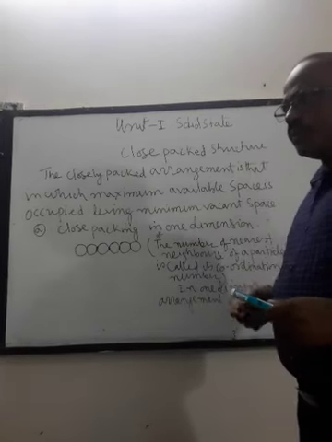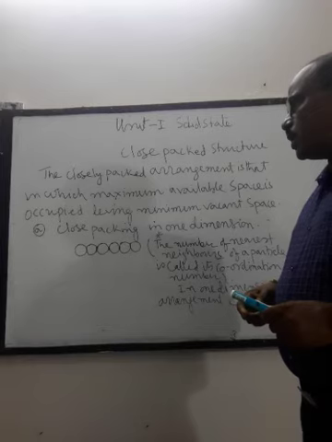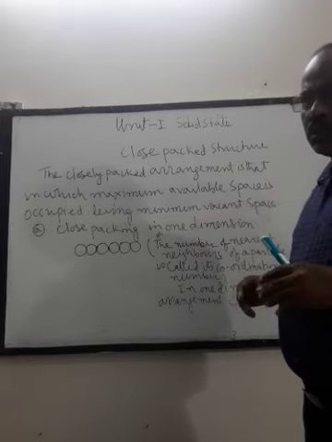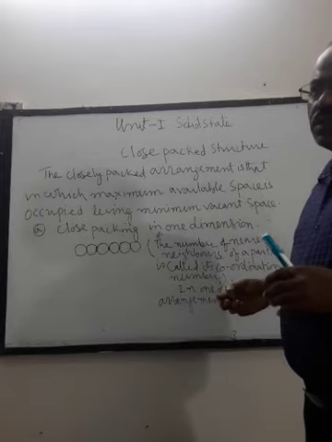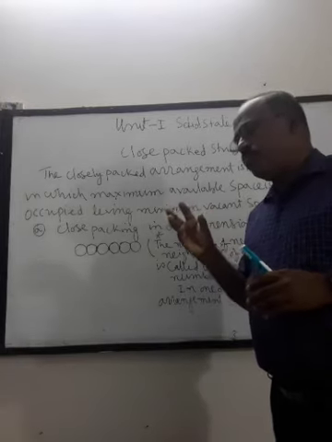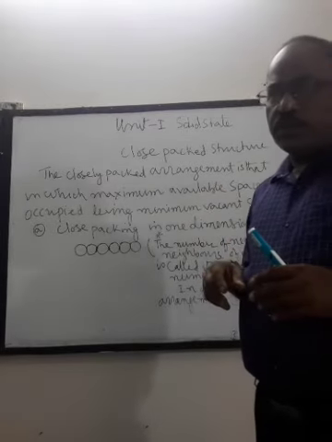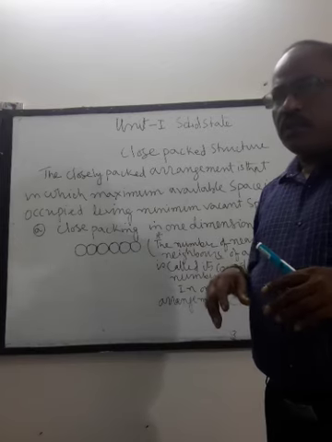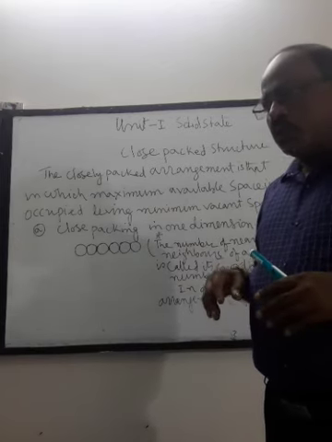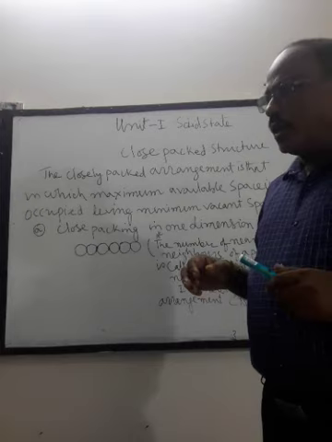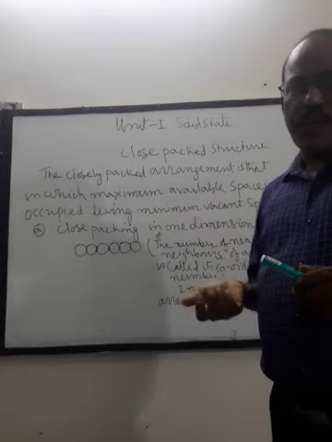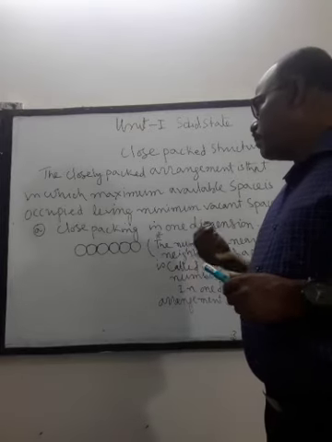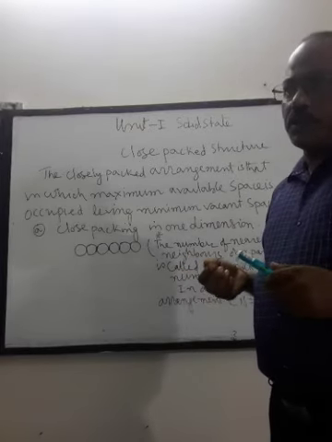For example, if we take a box and fill it with some spheres, then these spheres are packed in the box in such a way that maximum available space is occupied, leaving minimum vacant space.